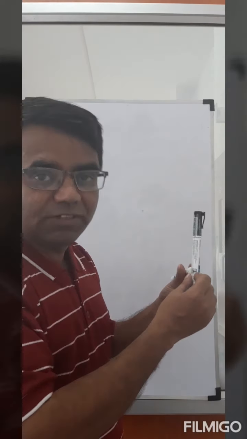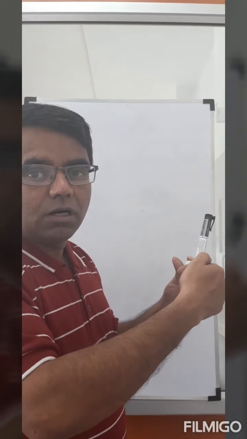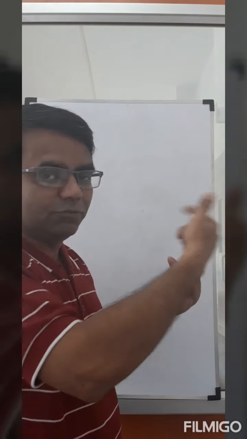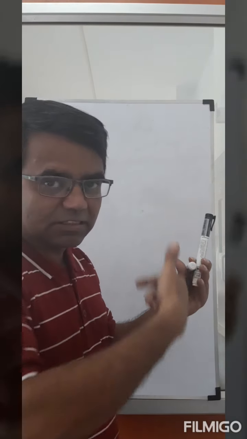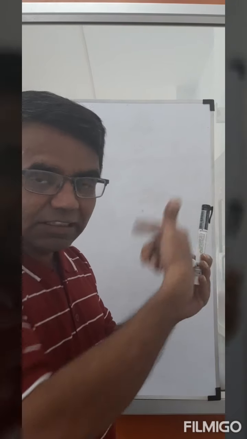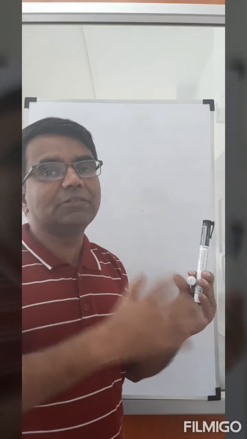The vertical component will be affected because there is a force acting on the charge, trying to pull it to the center. There is a centripetal force, and that is why it is trying to make a circle. So the vertical component will be affected by the magnetic field, but the horizontal component will not be affected.